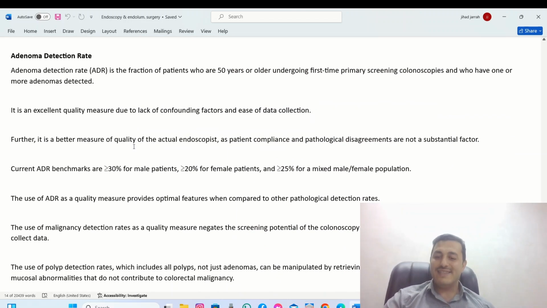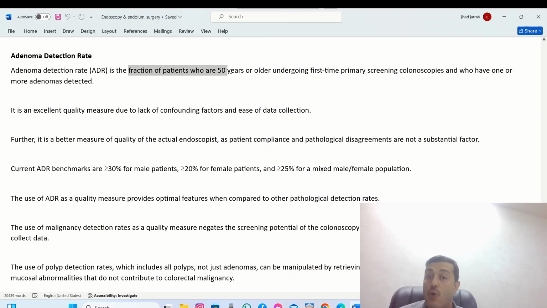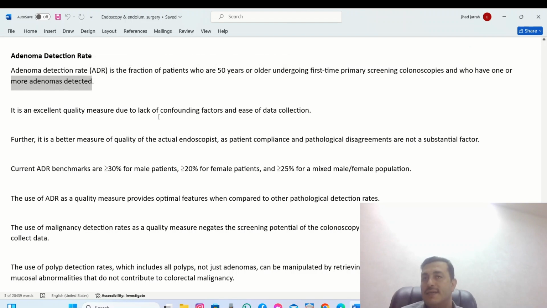Adenoma detection rate is excellent, and better than withdrawal time. It's defined as the fraction of patients who are 50 years or older undergoing first time primary screening colonoscopy and have one or more adenomas detected.